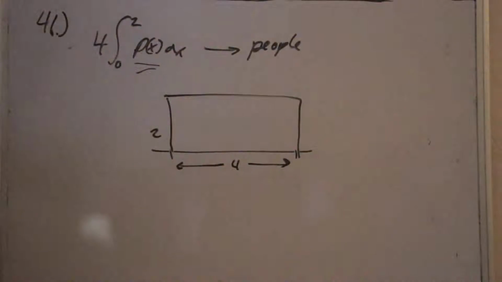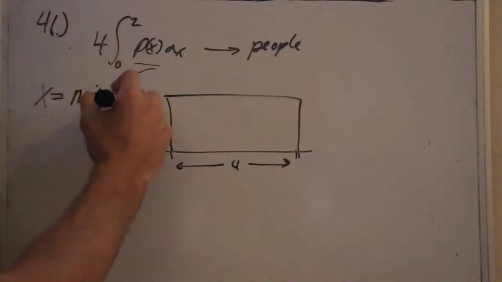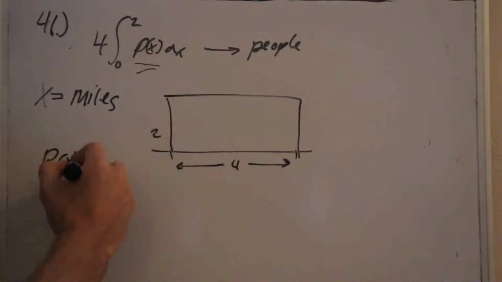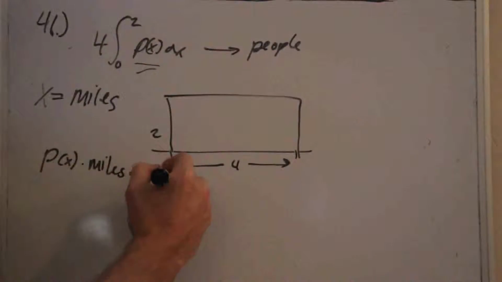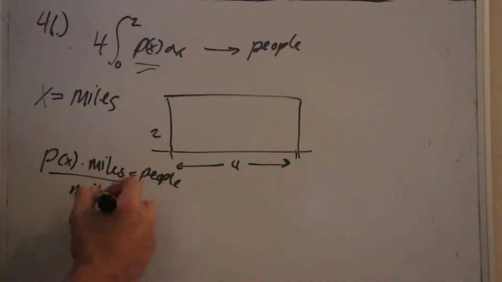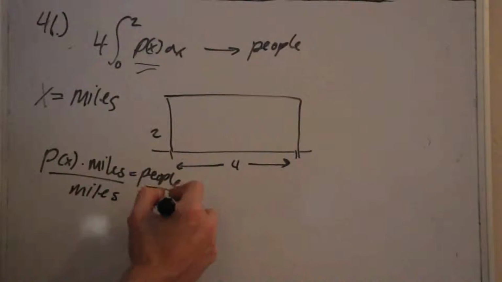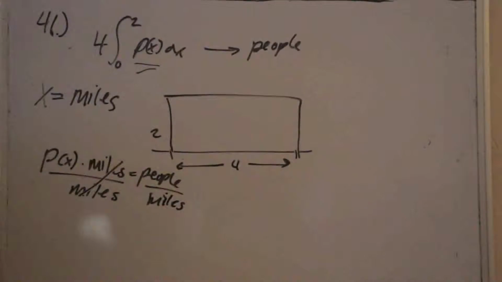So if x is in miles, then p of x times miles should equal people. And so if I want to find the units of p of x, I just divide by miles, and I should get people per mile as my units.